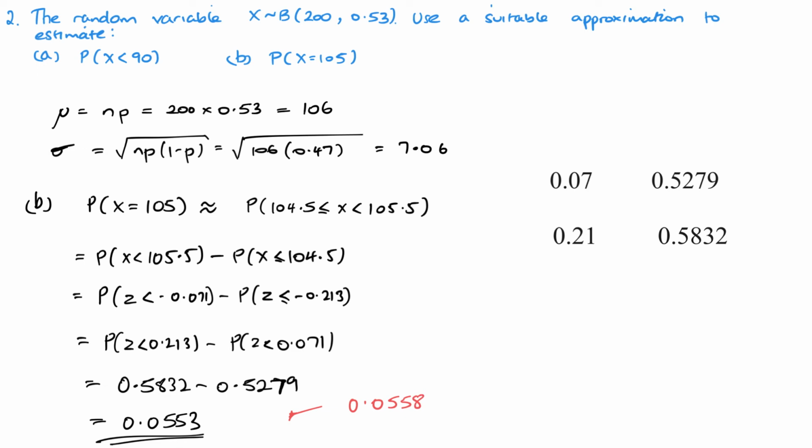So very, very close, or 0.05585, so it'd actually be rounded off to 0.0559 from my calculator. So you can see that it is still fairly accurate because n is large and p is very close to a half.